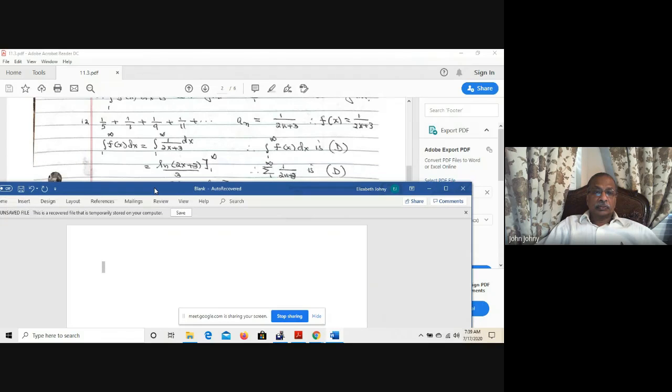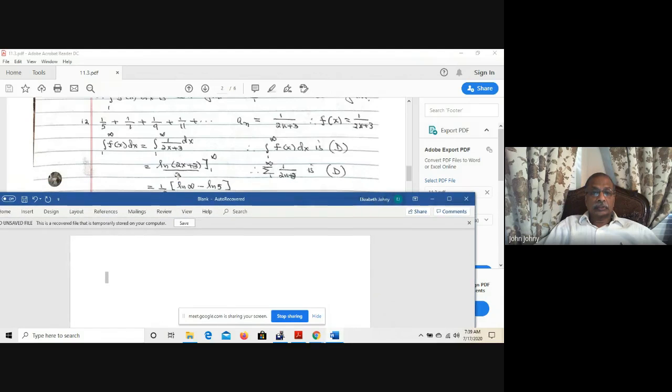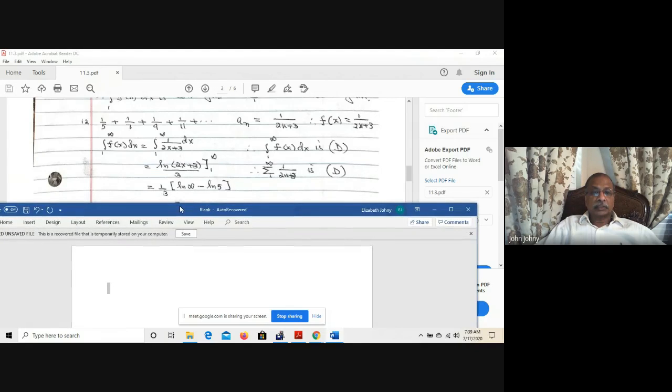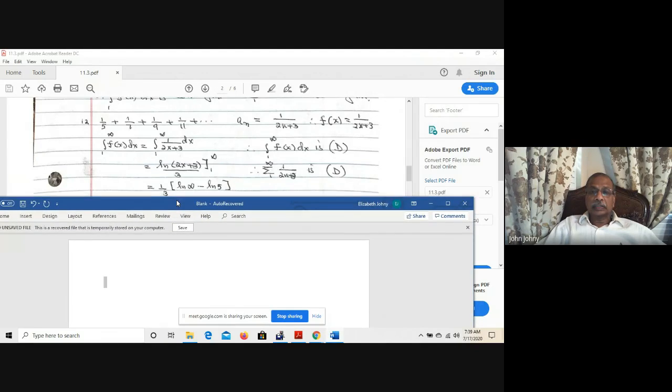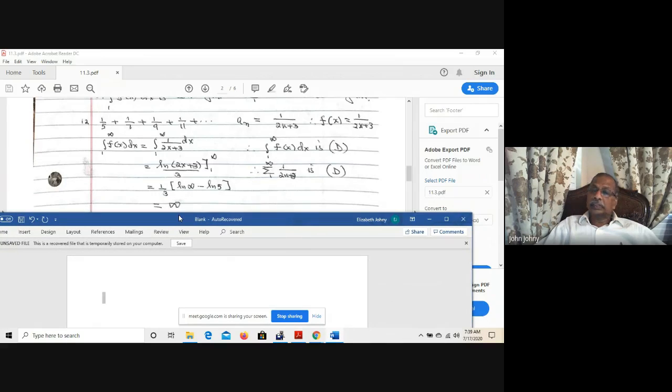That is equal to the natural log of 2x plus 3 divided by 2. It's not a 3, this must be a 2. That is a mistake on my part, and you have to correct that mistake. So this is a 1 over 2, so this also is a 1 over 2. 1 over 2 times natural log of infinity minus 5, which is infinity.